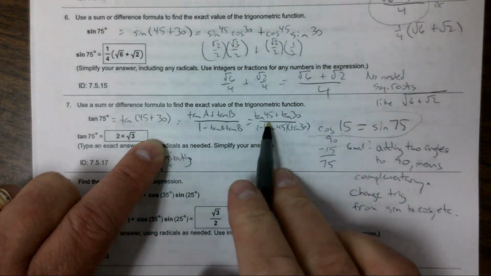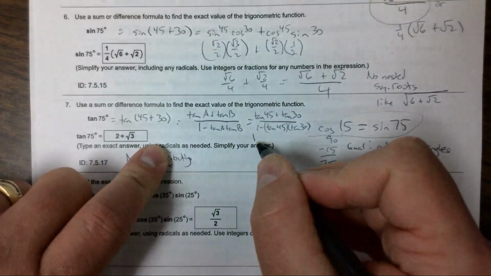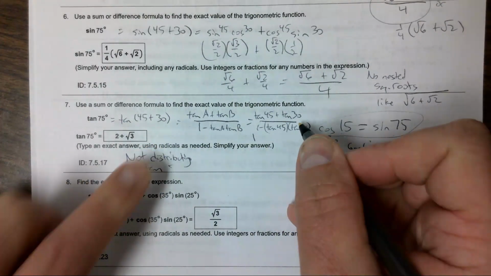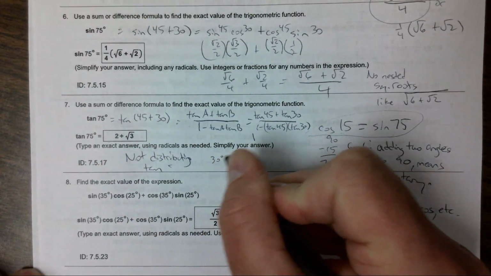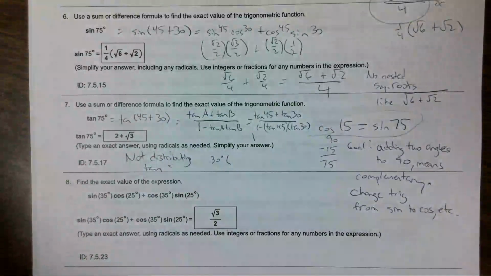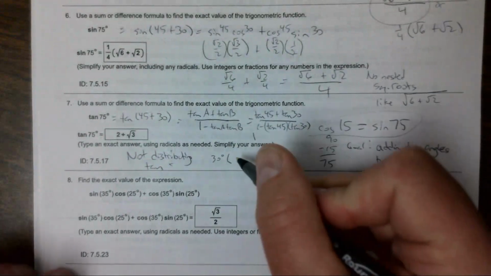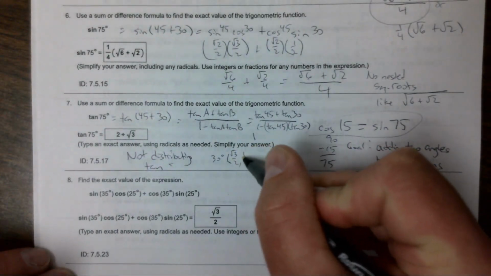So tan of 45 is 1, because remember the x and the y are the same. For 30 degrees, that ordered pair is square root of 3 over 2 comma a half.